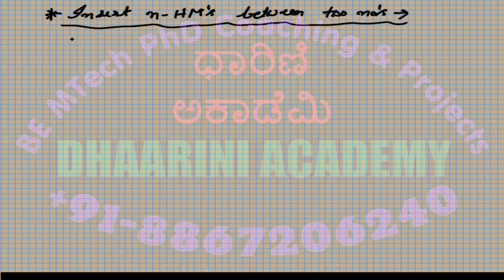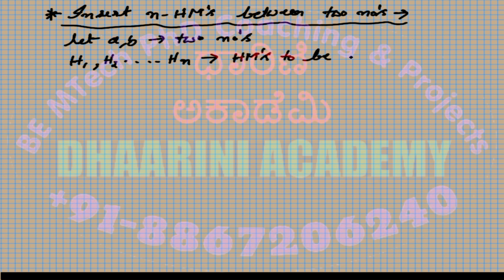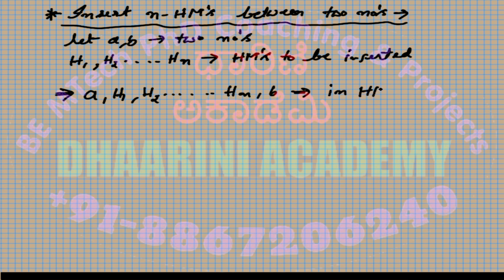Let A comma B be the two numbers, and let's say we want to insert h1, h2, dot dot dot up to hn, the n harmonic means, to be inserted between A and B. So our basic knowledge of harmonic progression says that A, h1, h2, h3, like that up to hn, B should be in harmonic progression.